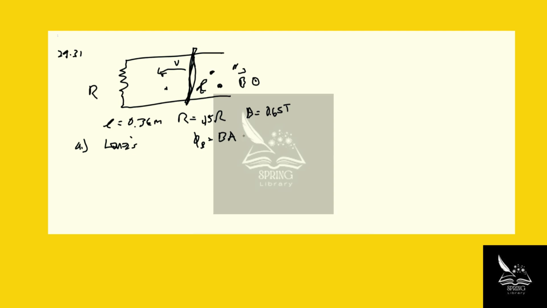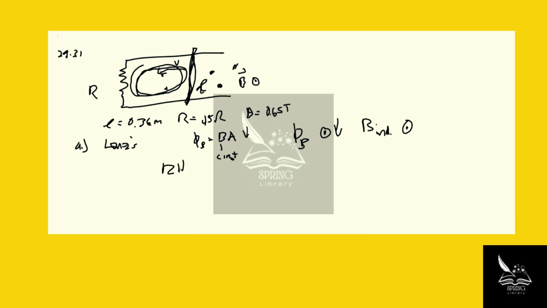The B field is constant, but as the velocity moves to the left, this loop of our circuit is decreasing. That means our flux is decreasing. So if our flux is out of the page and decreasing, to oppose that, the induced magnetic field must be out of the page. Okay?